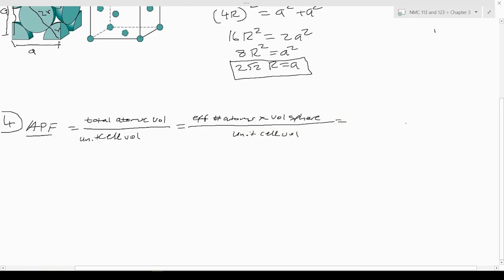And what we have here is, for an FCC, 4 effective number of atoms per unit cell, and then 4/3 pi r cubed is the volume of a sphere, and then we have a cubed again, because the shape of the unit cell is in a cubic form.